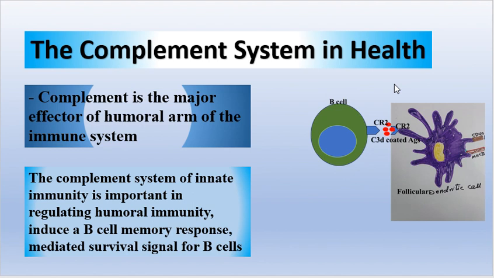For example, it will prolong the survival of the B cell, as due to this connection by the complement components, they get survival signals and anti-apoptotic signals from the dendritic cell.